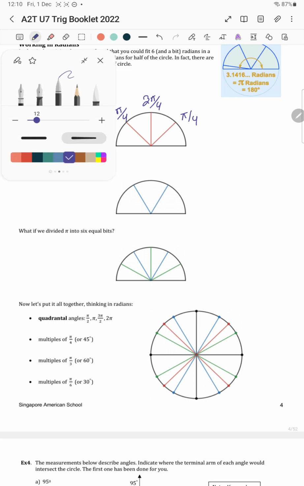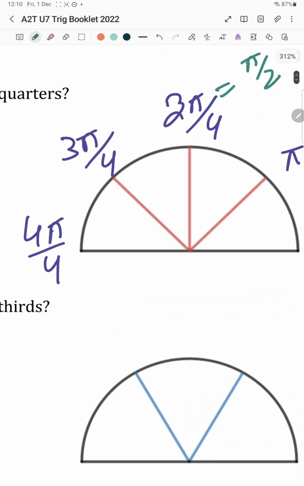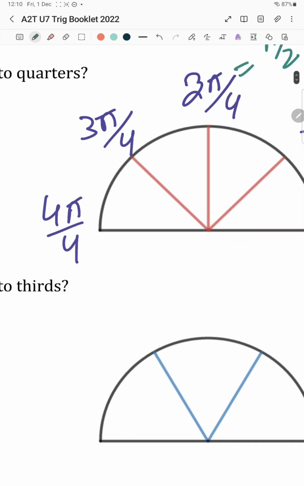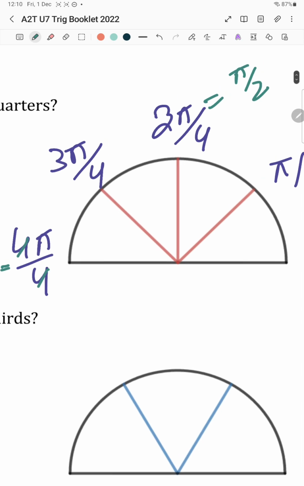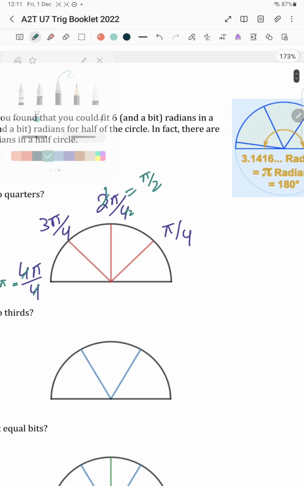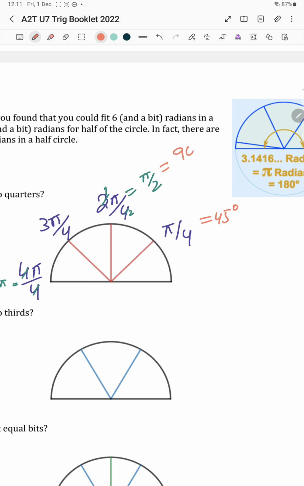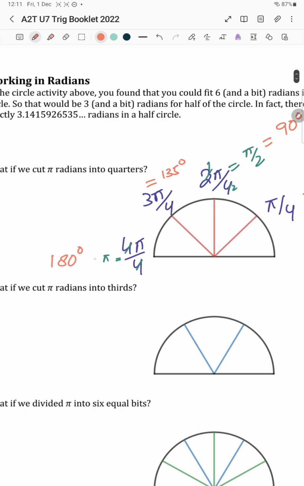Can we also say pi by 4, pi by 2, 3 pi by 4, and here we can say pi. We can also write it in the form of degrees: 45 degrees, 90 degrees, 135 degrees, 180 degrees.